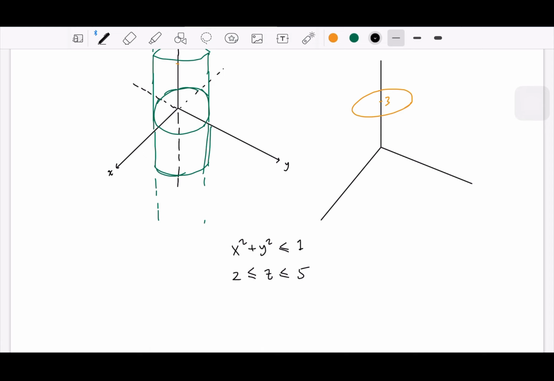So it means that it's a cylinder that has z equal 2 and 5 for each endpoint of that cylinder. Okay.